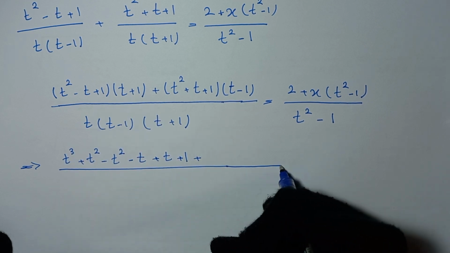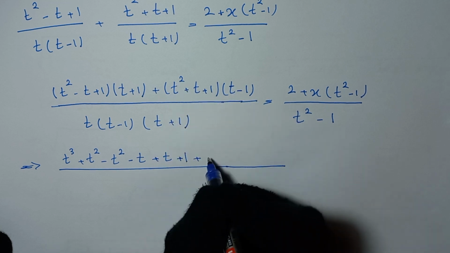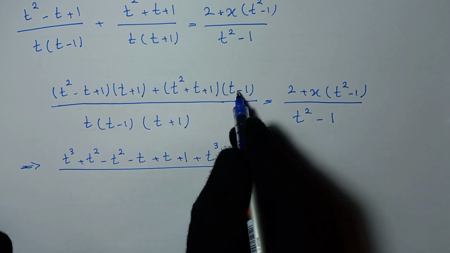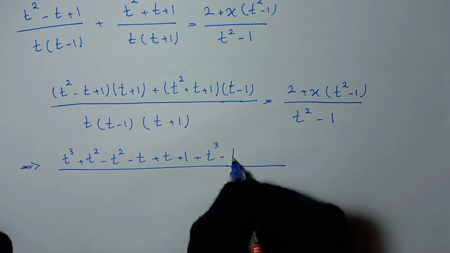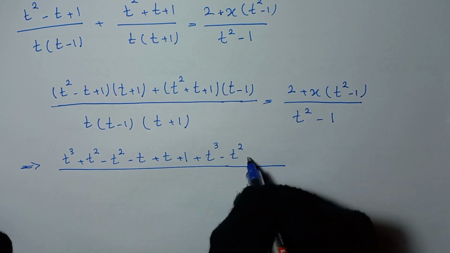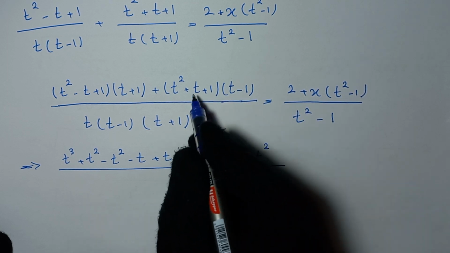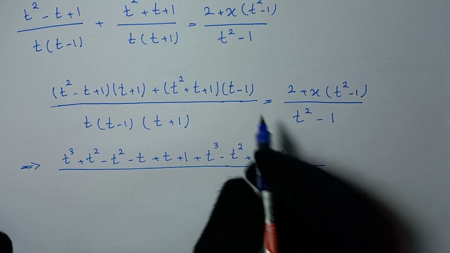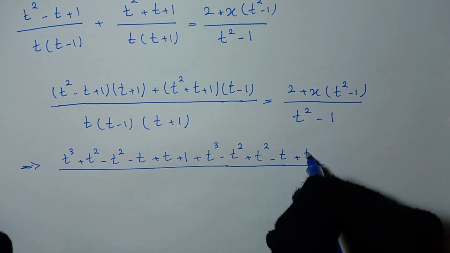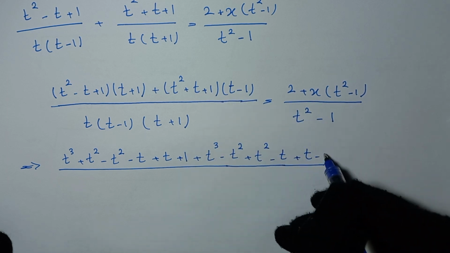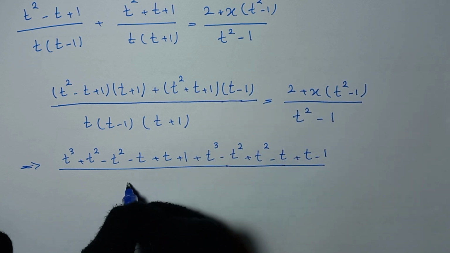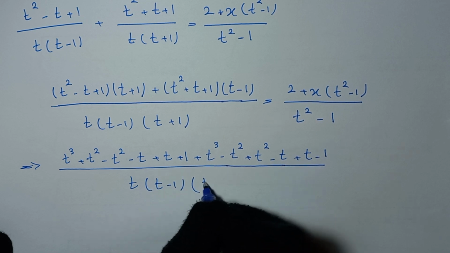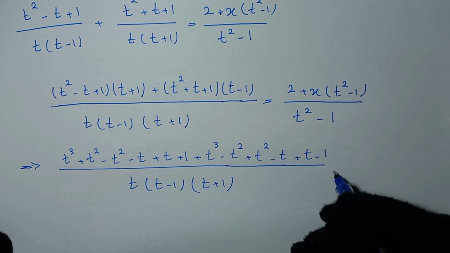Plus, in here, t squared times t, it will be t cubed. t squared times negative 1, it will be negative t squared. t times t, it will be t squared. And t times negative 1, it will be negative t. And 1 times t is t, and 1 times negative 1 is negative 1, over t times t minus 1 times t plus 1 is equal to this.